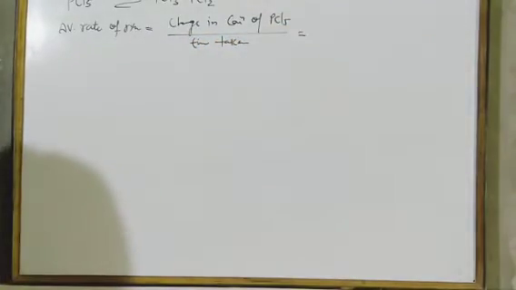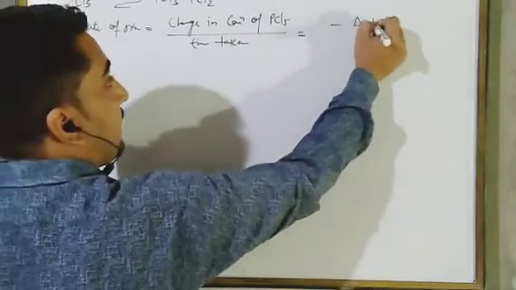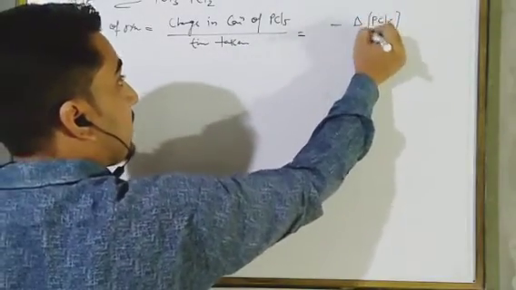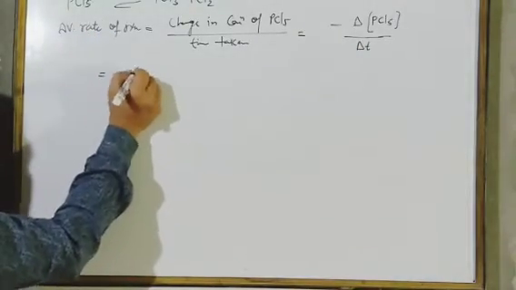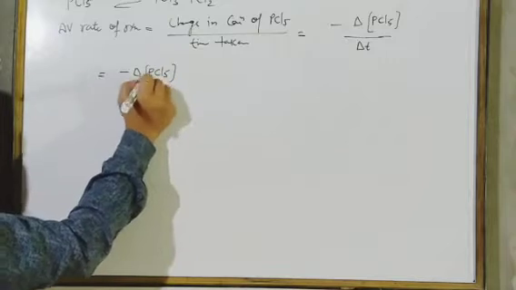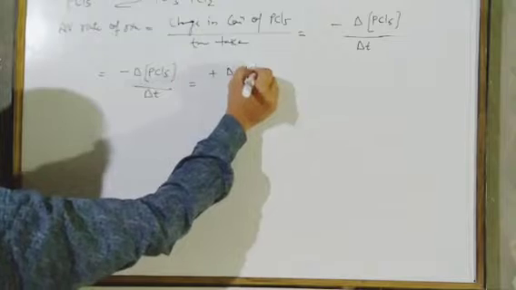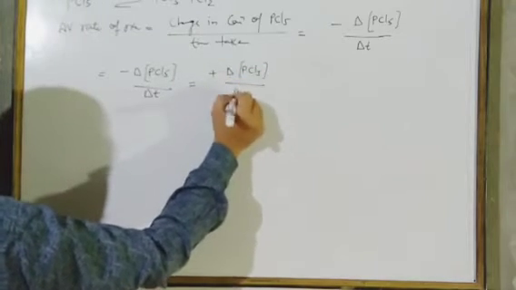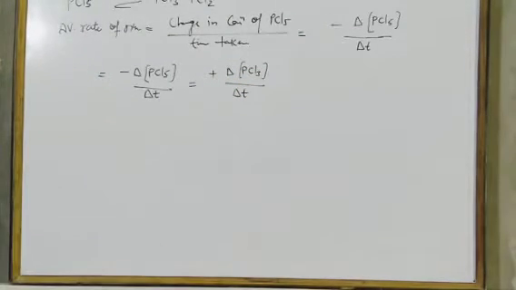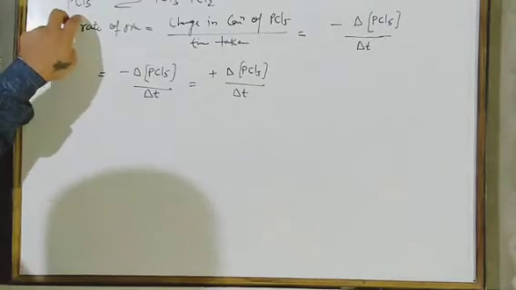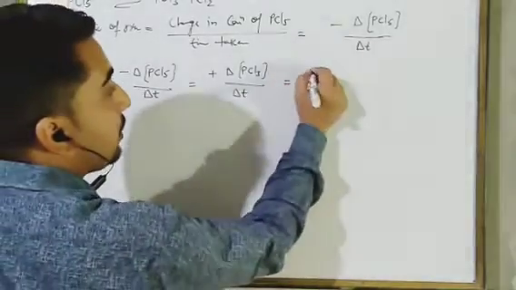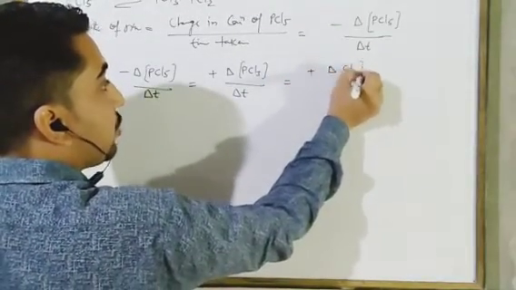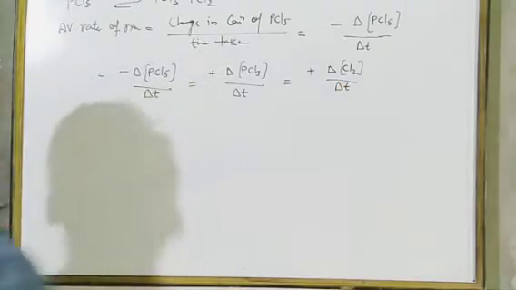It means it equals negative delta [PCl5] upon delta T. It is also equal to plus delta [PCl3] formed upon time T. It means as much reactant decreases, that many product components form. It is also equal to plus delta [Cl2] upon time taken.